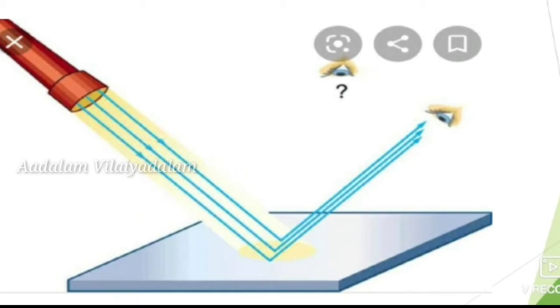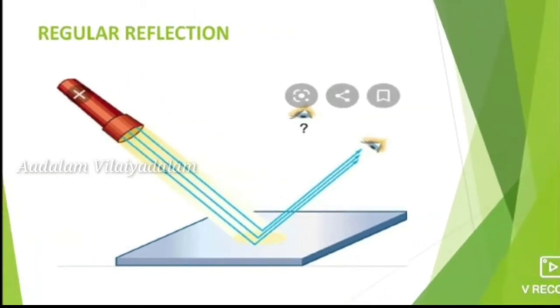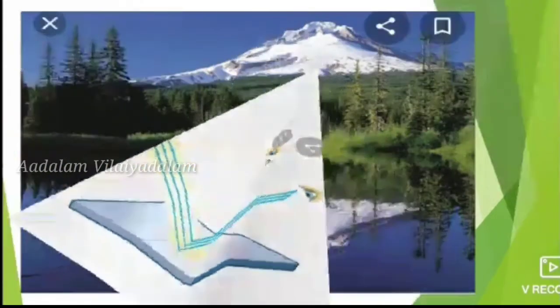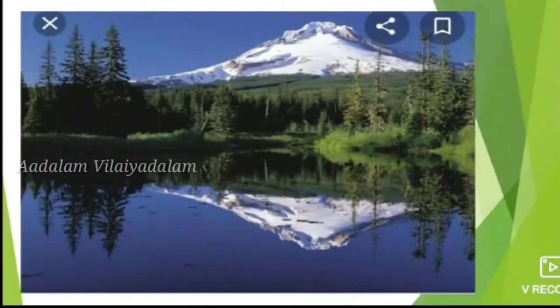Examples of regular reflection are the reflection of light by a plane mirror. If you see your image in a plane mirror, that is an example of regular reflection. Another example is the reflection of light from the surface of water. So look at the picture.